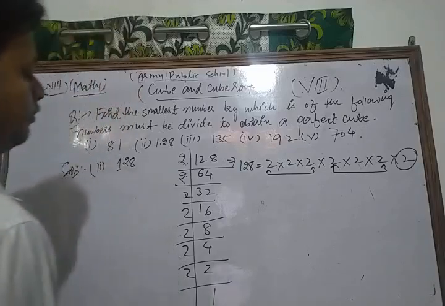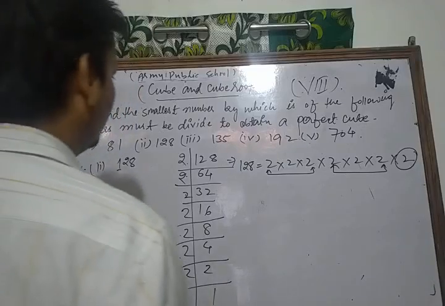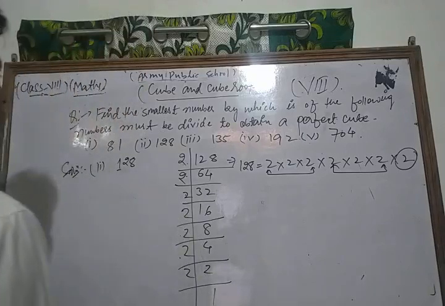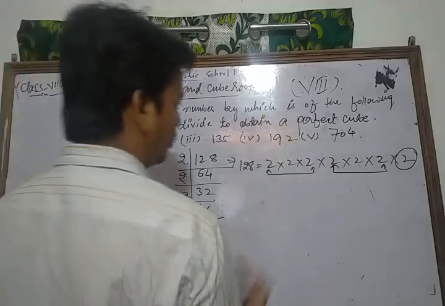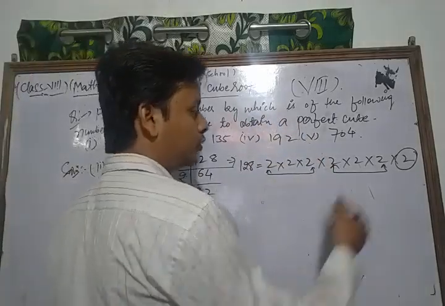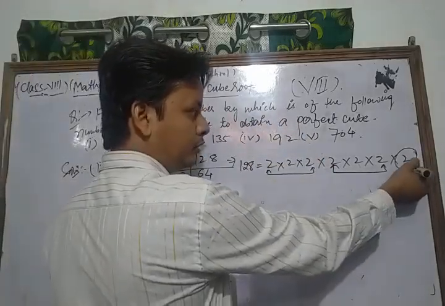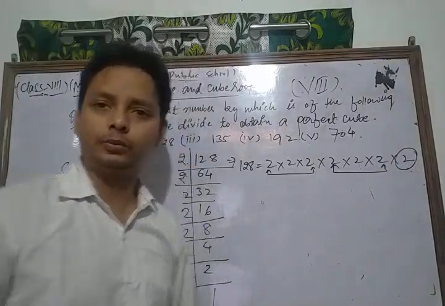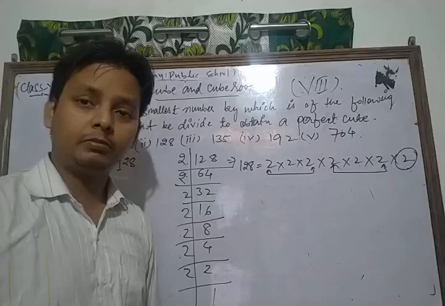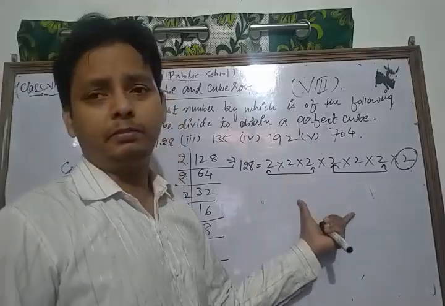what do we do? By what number must we multiply or divide so that the number is a perfect cube? So here 2 is left, so 2 is left. So after dividing by 2, the required number is a perfect cube.